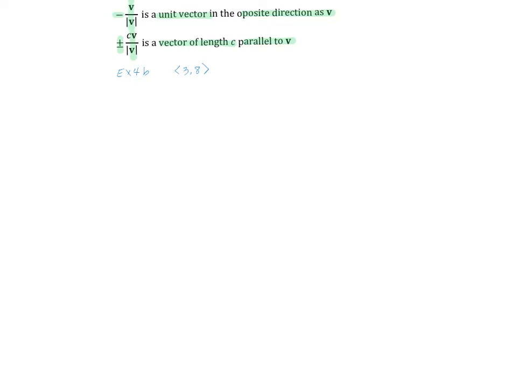So all we have to do is go plus or minus the length we want, which is our c value, 4. We're going to multiply it by our vector 3, 8, and then divide by the magnitude of our vector, which we had figured out as the square root of 73. And we're done. We didn't have to do all the math we did before. Right? So we get the same vector that we had before.